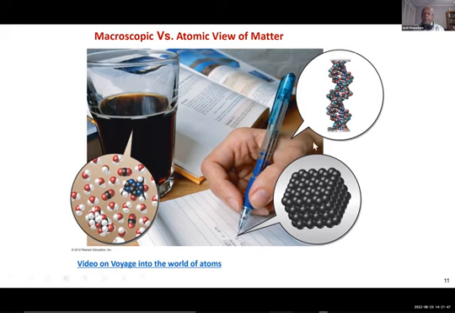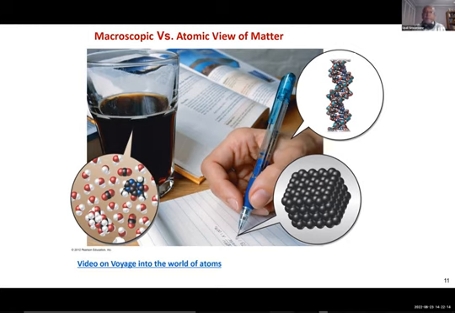When you look at this hand of the person writing using the pen, the hand is made out of proteins. Proteins are molecules of amino acids. So that's our view. Atomic view of matter is a chemistry or the scientist's view of matter.